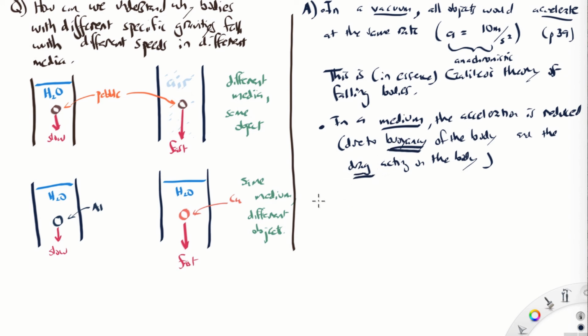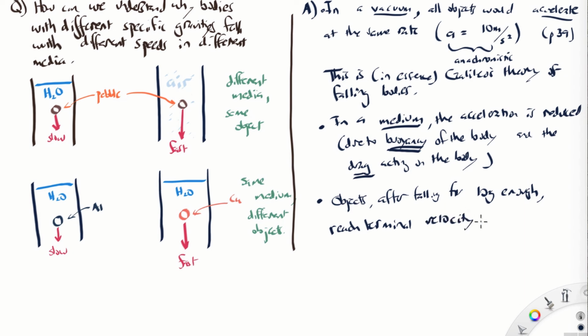Okay. Another point I'd like to make right away is that objects, after falling for long enough, reach what is called terminal velocity, or a final velocity, a final speed. Okay, why is this?